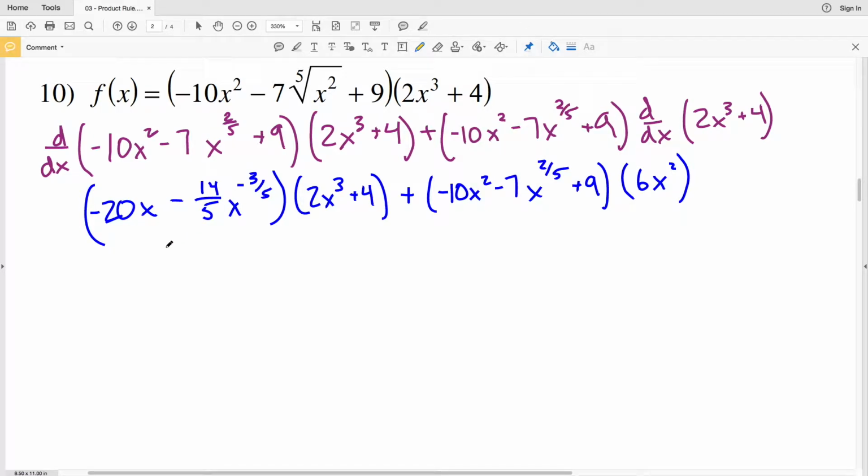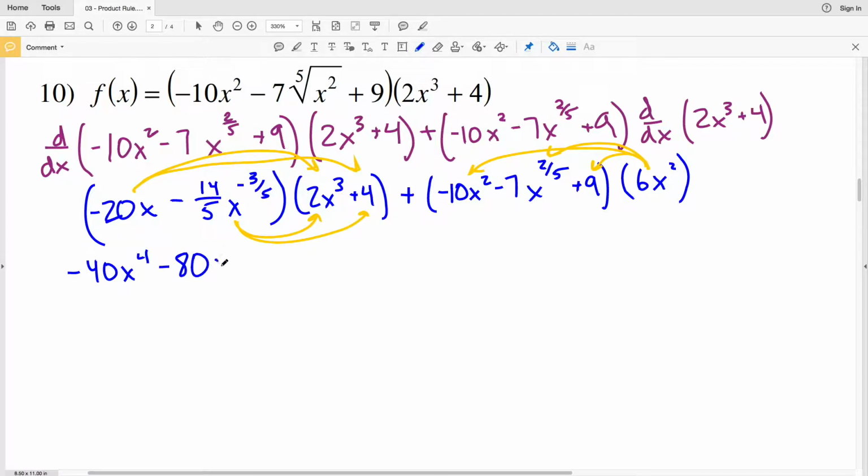Now I'll be foiling my first two binomials, and then I'll be distributing 6x squared to my polynomial. So negative 20x times 2x cubed is negative 40x to the 1 plus 3, or x to the 4th. Negative 20x times 4 is going to be a negative 80x, so minus 80x.